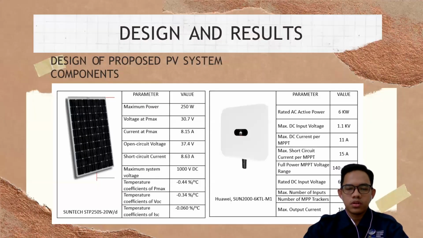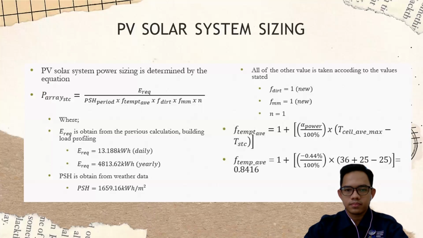So for the design and result, the design of a proper PV system has two components: the first is the PV system, and the second is the inverter. In order to calculate the PV system sizing, we use the formula here.